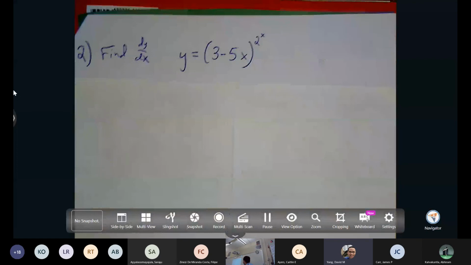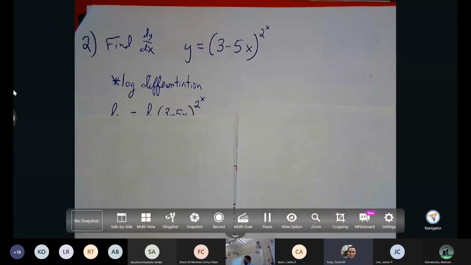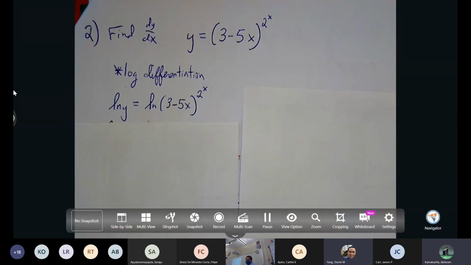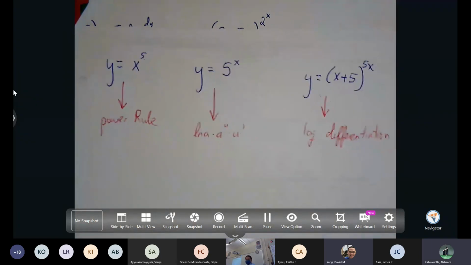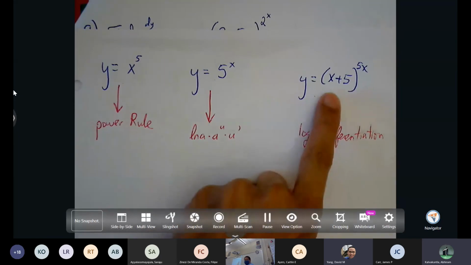So natural log of both sides first. Michigan, could you go back to that for a sec? For that log differentiation, is it 5x or 5 to the x?